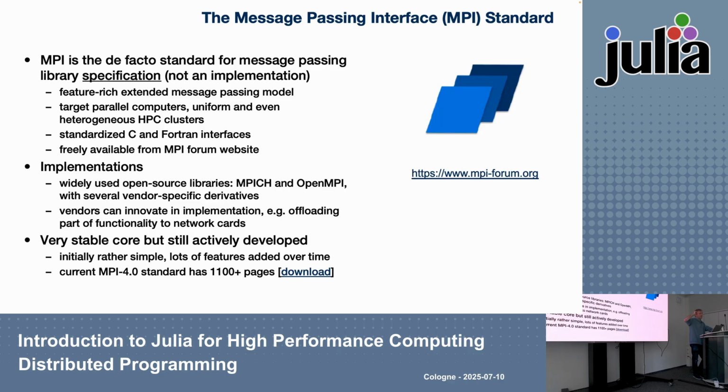But in HPC, we also have other network implementations with quite expensive cards that have lower latency and higher bandwidth, and then you have these special drivers and so on. This is also taken care of by MPI in these communication driver layers. But as a programmer, you only see this MPI interface that was specified.